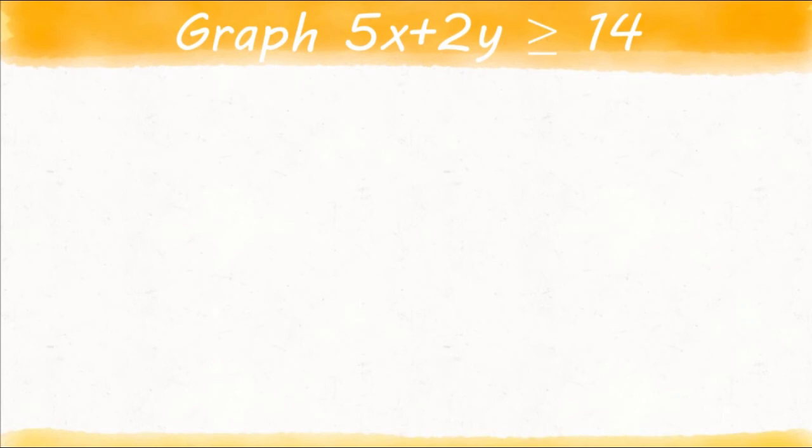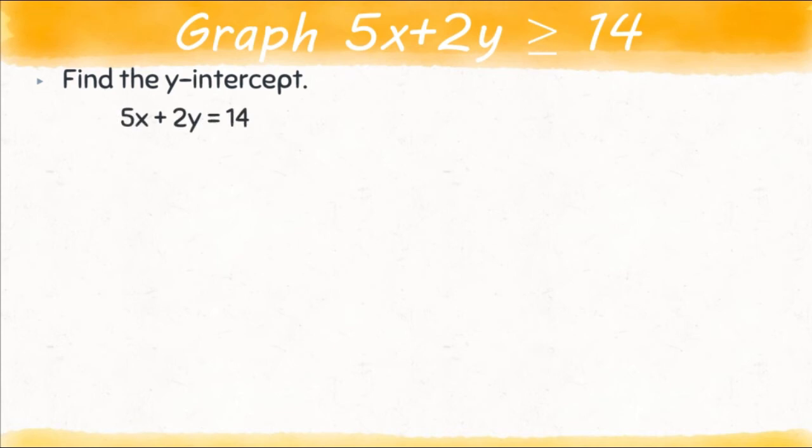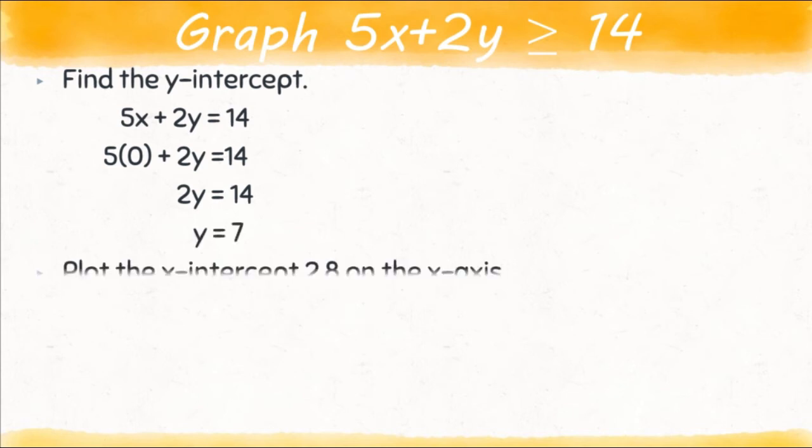Next, find the y-intercept. If we are going to find the y-intercept, we have to let the value of x equal 0. Therefore, we have 2y = 14. 14 divided by 2 is 7. Therefore, the y-intercept is 7.